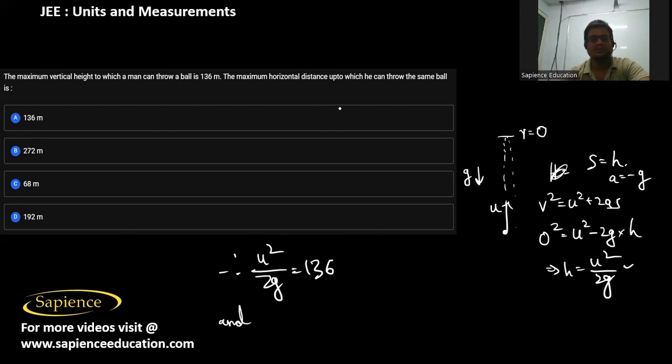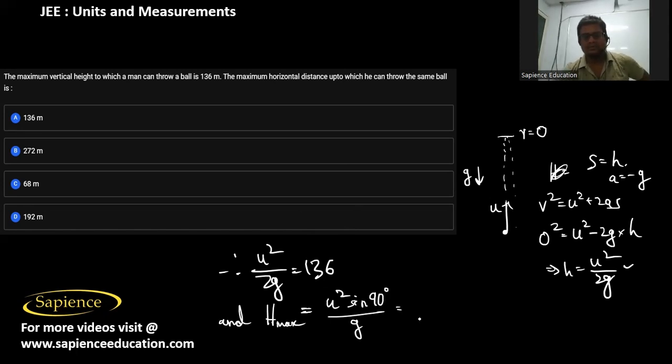And then the maximum horizontal distance up to which you can throw the same ball will be equal to u square sine 90° divided by g.